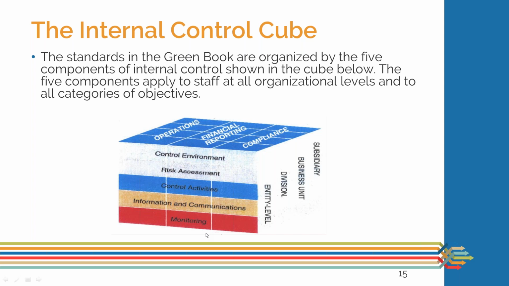Those are parts that are interwoven when you're working on internal control. Do those components actually have part of the process of your operations, financial reporting, and compliance? Those work all hand in hand.